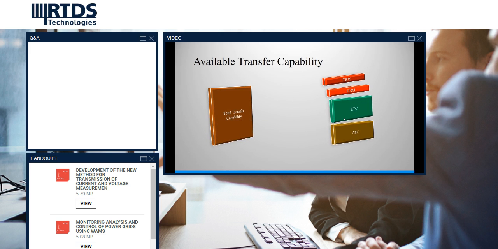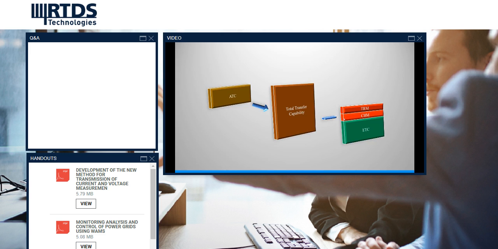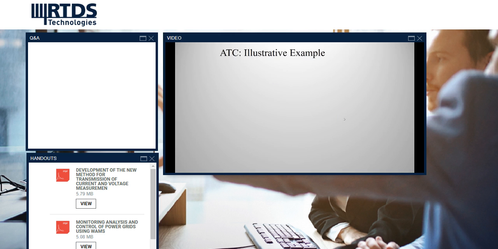The available transfer capability can be estimated by subtracting the TRM, CBM, etc. from the total transfer capability. We have illustrated the significance of available transfer capability during real-time operation through certain examples.